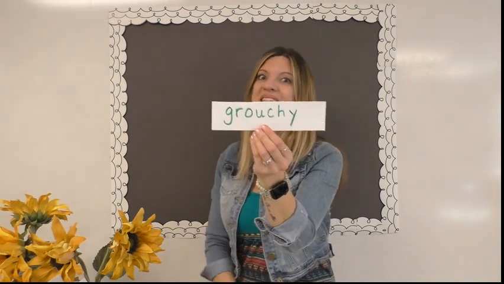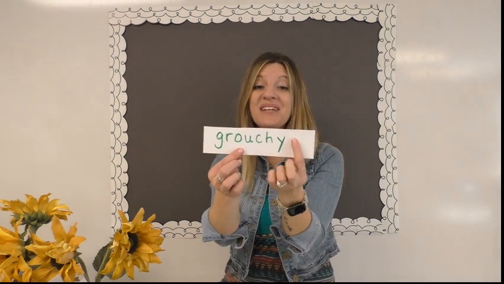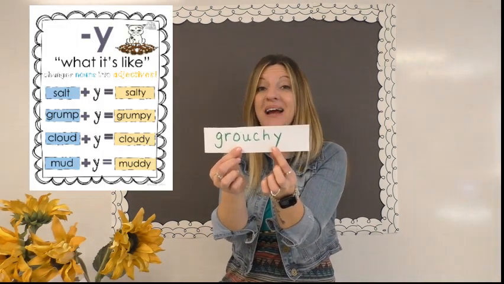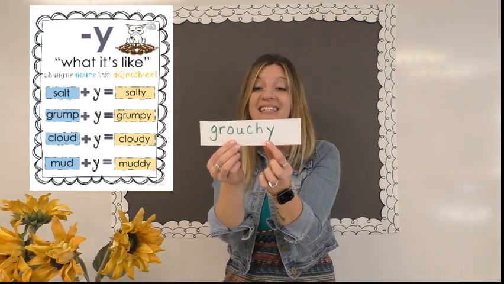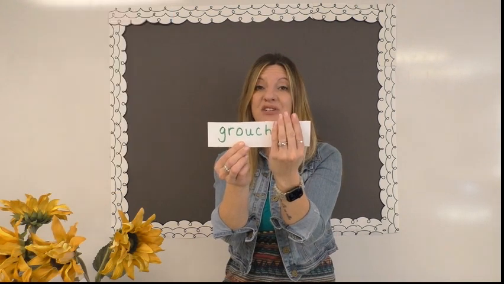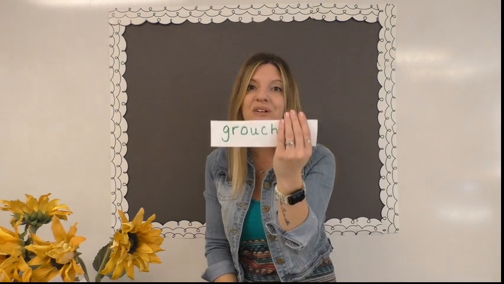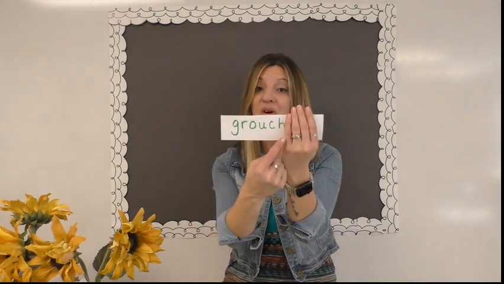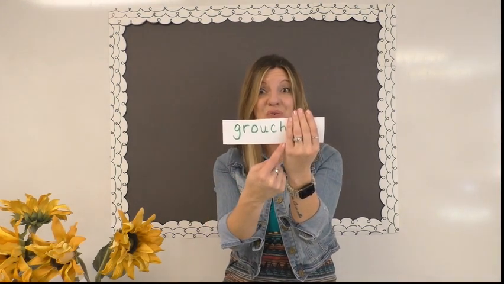What do you notice about this word? If you notice that it has the suffix y, then you are right. And whenever we see a suffix, we notice right away that that suffix is not going to be part of our base word when we're doing our initial decoding. So this word is actually just a one-syllable word that is grouch or grooch.